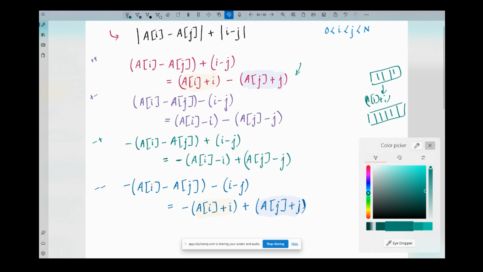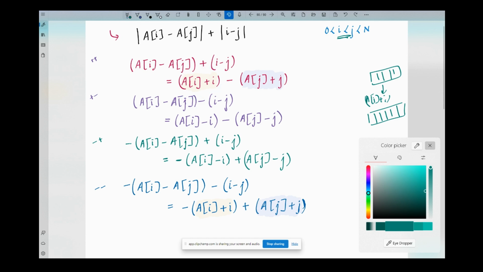Here you can treat j as another i. It's just that we are following this particular rule, which means j should be greater than i. But in a way, you should be able to calculate this particular expression's value, right? The other important thing is we need to maximize this, right? The value should be maximum, which means this first part of this expression should be maximum because we are subtracting it, right?